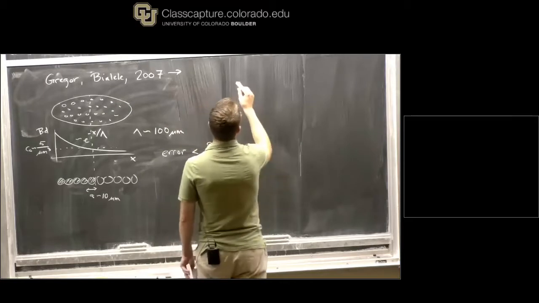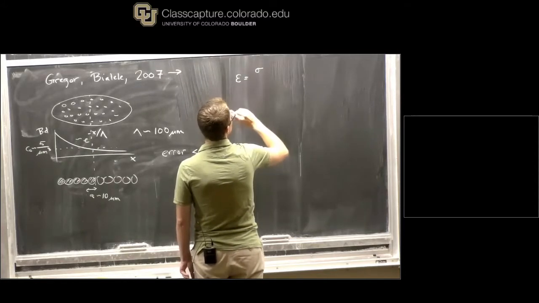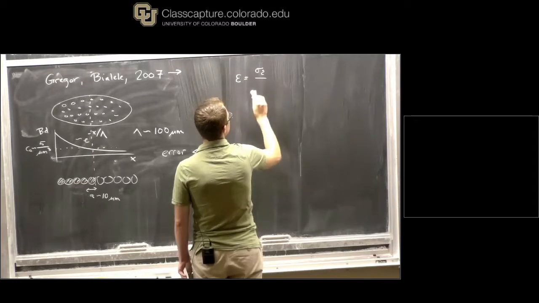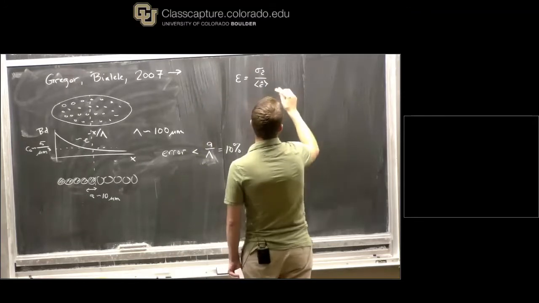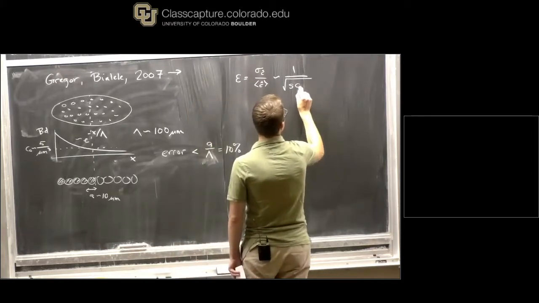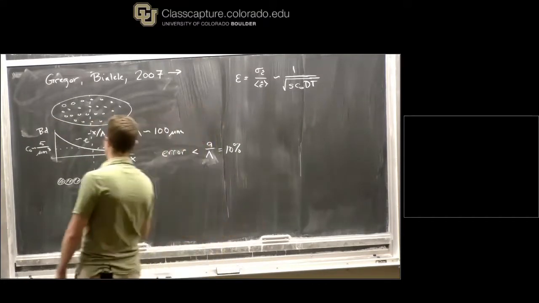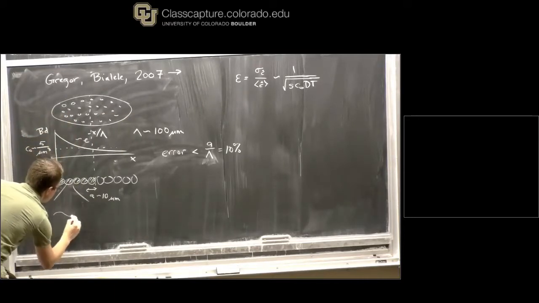So this error, which I'll call epsilon, should take the form of the error in estimating the concentration of bicoid, which should go like 1 over the square root of S times C naught times D times T. And S is simply, what I described is what's going on in one of these cells: there's some site on the DNA to which bicoid molecules have to bind, and that site is a couple nanometers big. So S is about 3 nanometers.